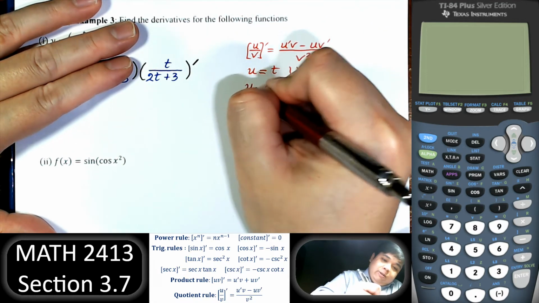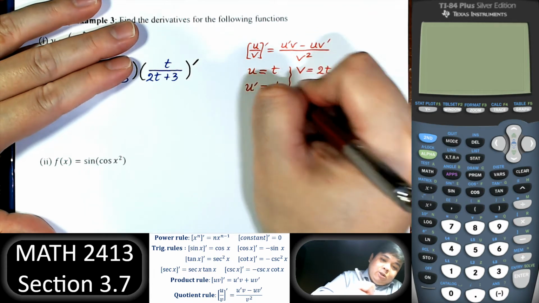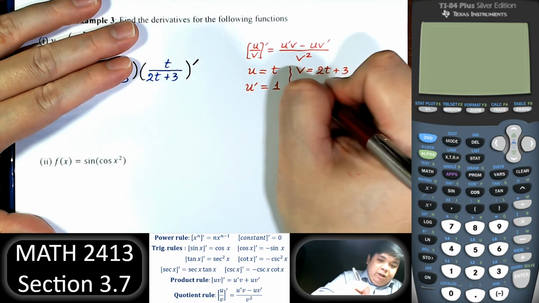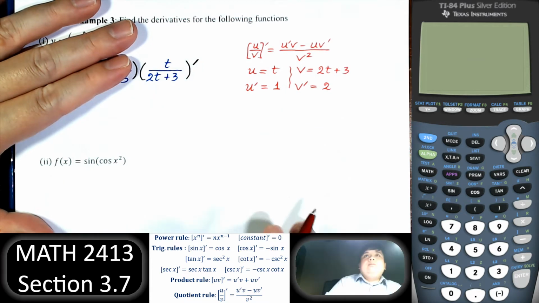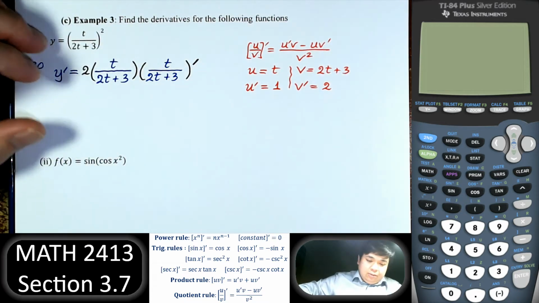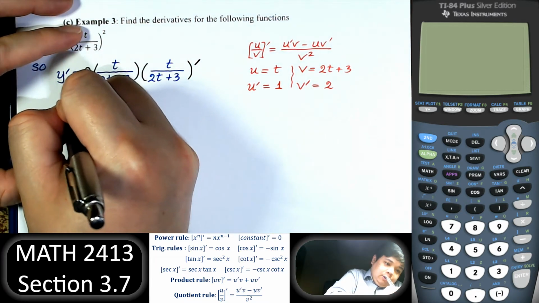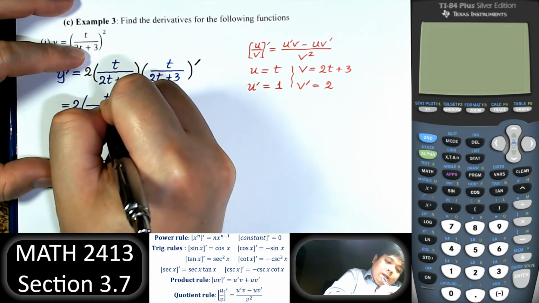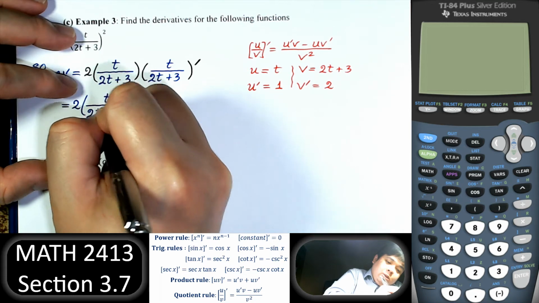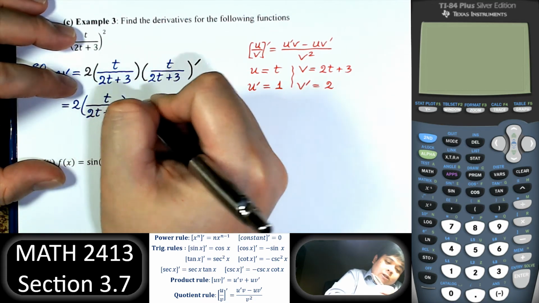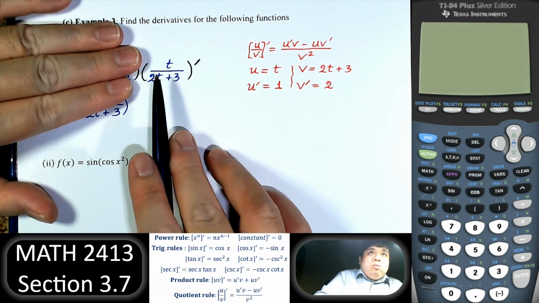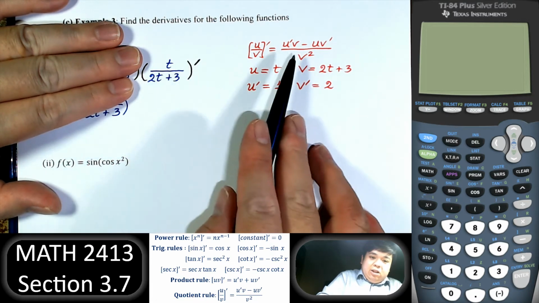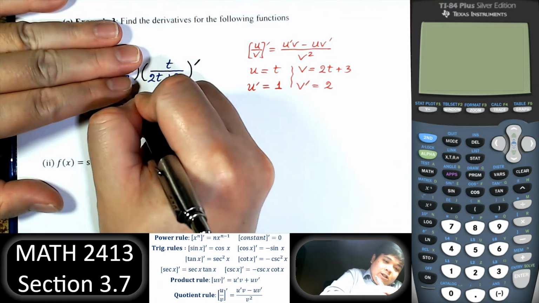Take the derivative. Derivative of t is 1. Derivative of v is 2. Then we have t over 2t plus 3. Now, derivative of this, we're going to use the quotient rule.